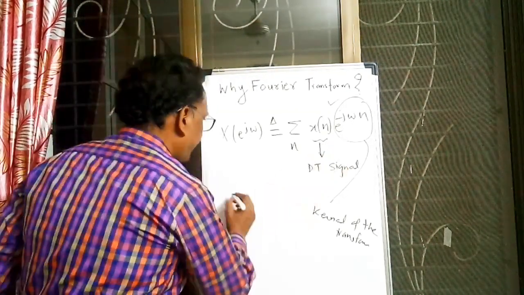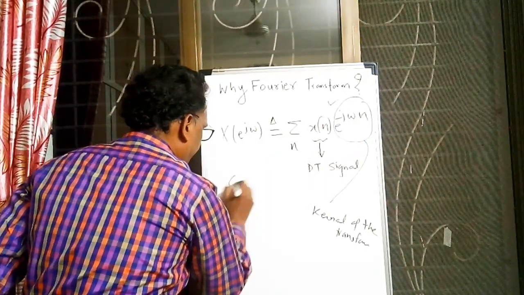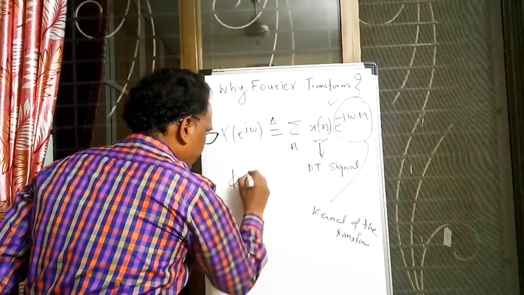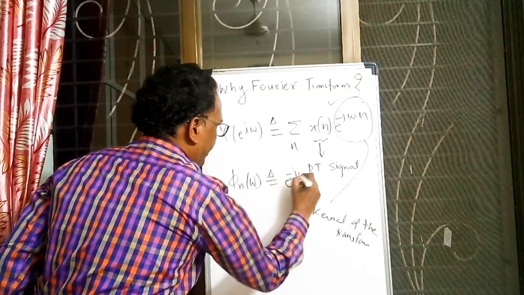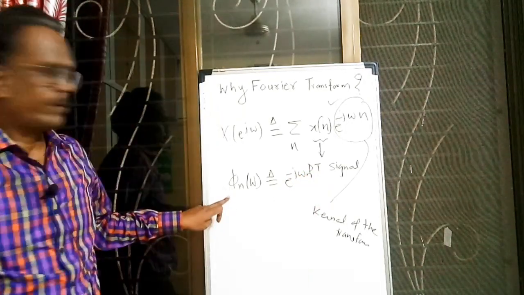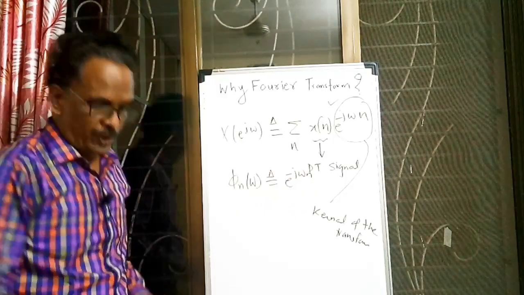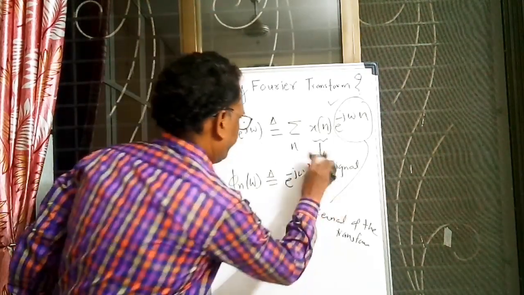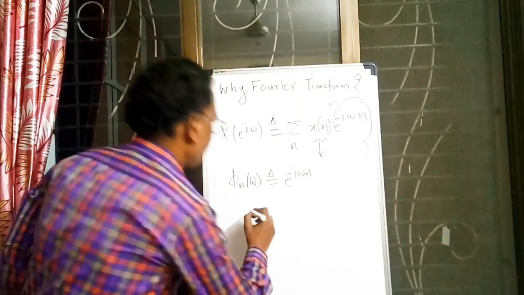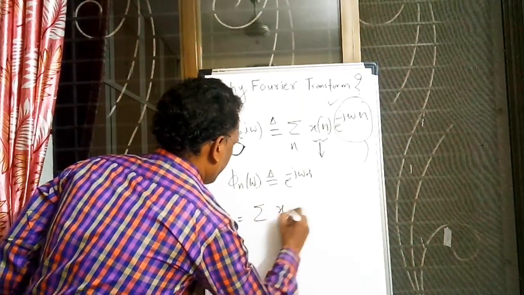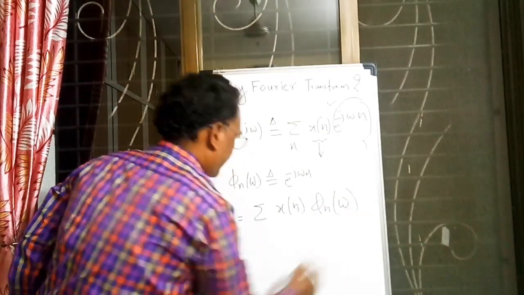You can write this e to the power minus j omega n in another form, phi n omega. If we define e to the power minus j omega n in terms of phi, then phi n omega is equal to e to the power minus j omega n. So let us write in terms of phi n omega: summation x of n phi n omega.